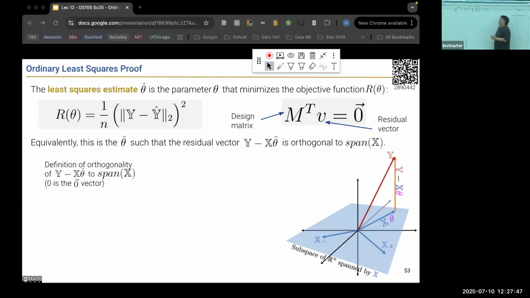So let's solve this for theta. X transpose y minus X transpose X theta hat equals 0, and then X transpose X theta hat is going to be X transpose y. I'm just moving this to the other side.